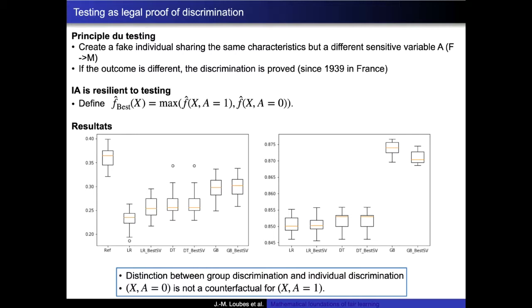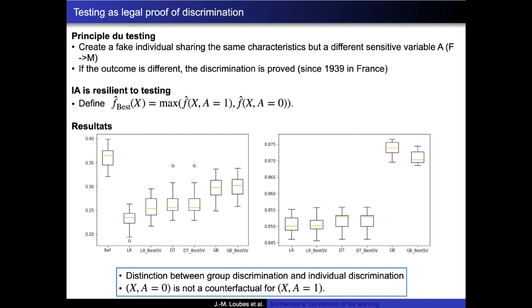So again, as a statistician or as a mathematician, you knew the answer already without looking at the figure, because you already knew that the variable A does not play any role. You can remove it, put it back. If you do not change the other variables, then the algorithm is going to know beforehand, before looking at the variable A, whether it's a man or a woman.